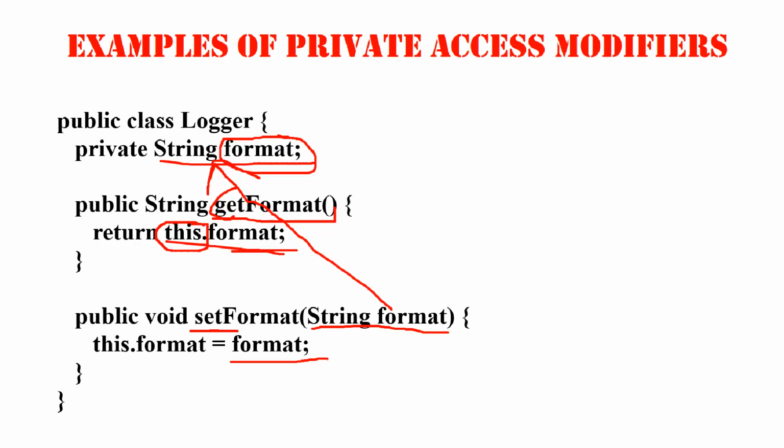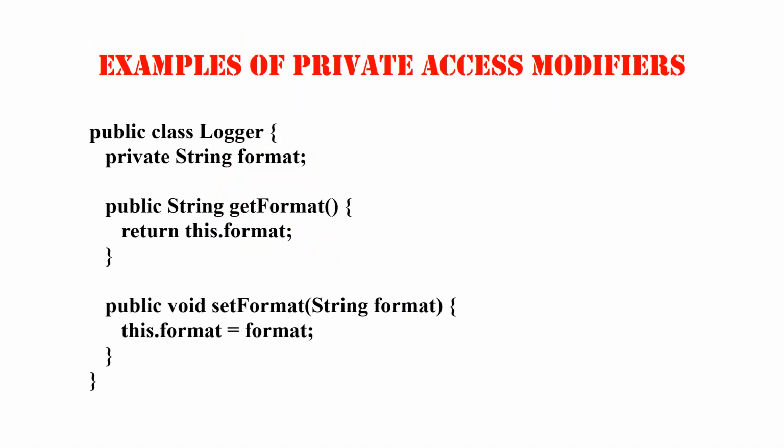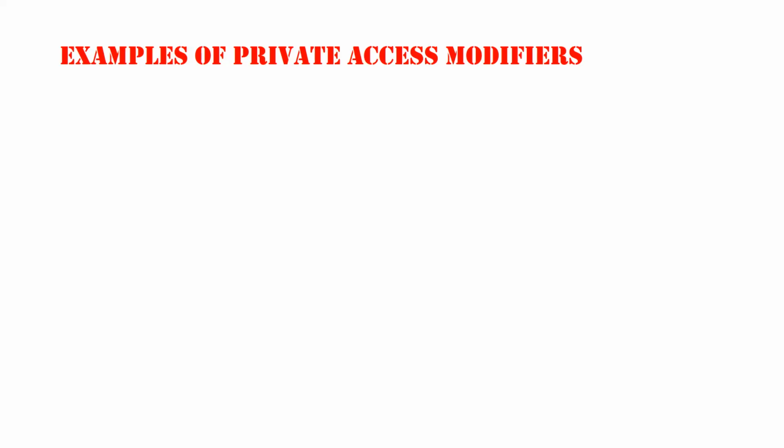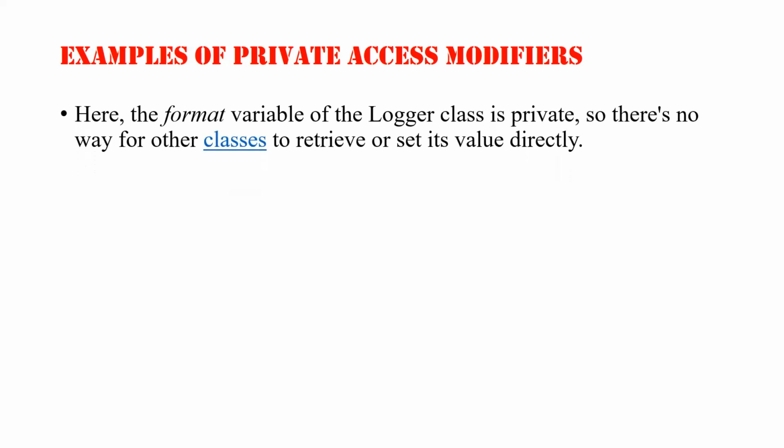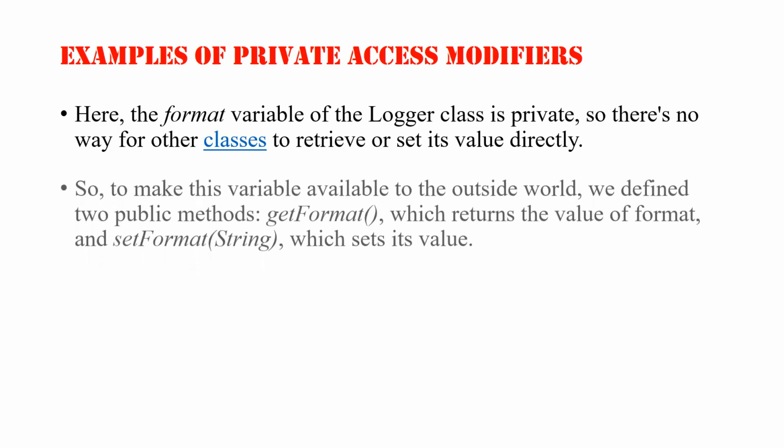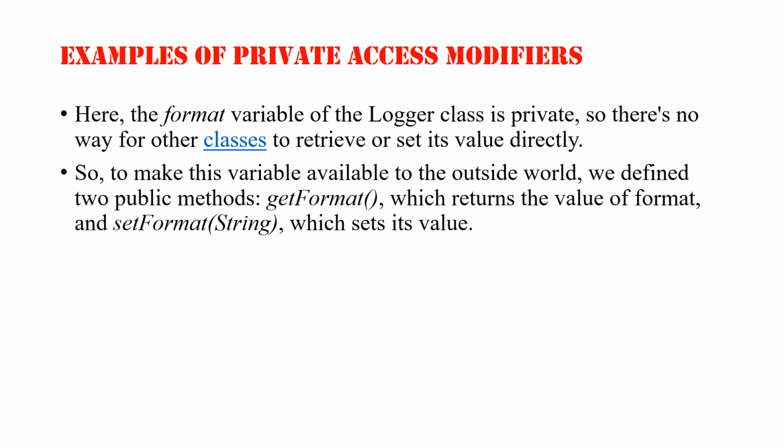Okay, so that is what is available there. Examples of private access modifiers, we say that the format variable access files you can have to retrieve some values. So to make variables available to the outside variables, you must define two public methods. One is get format and set format. That's why we have used them there.